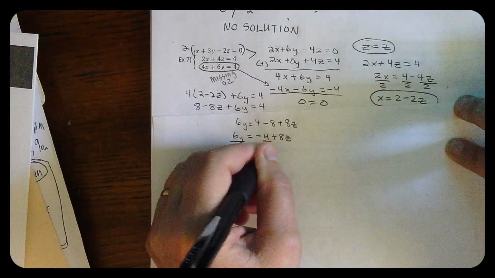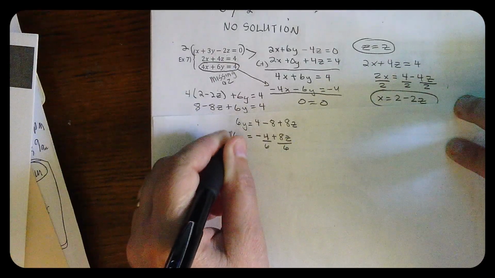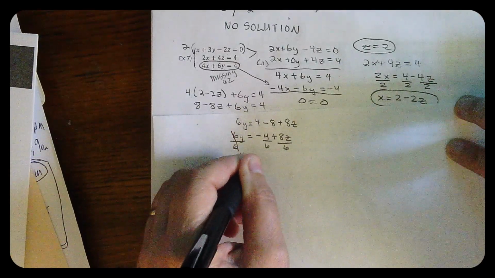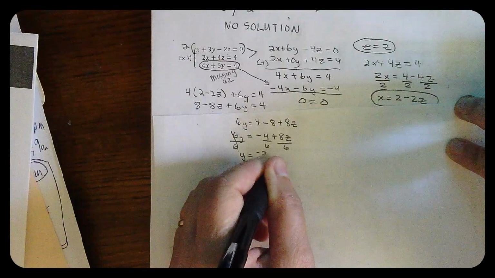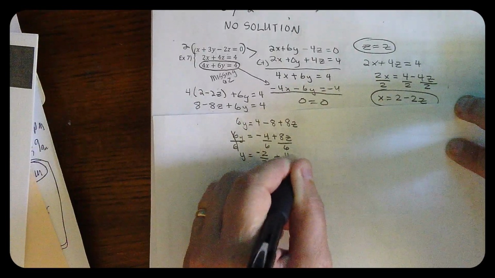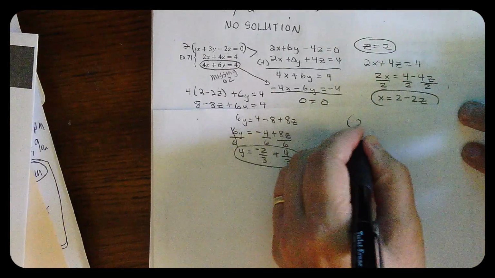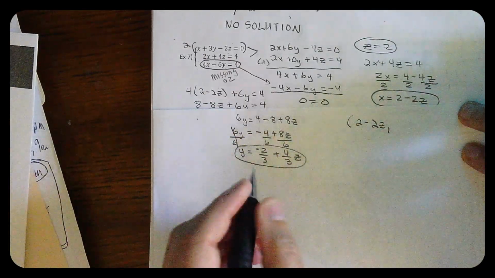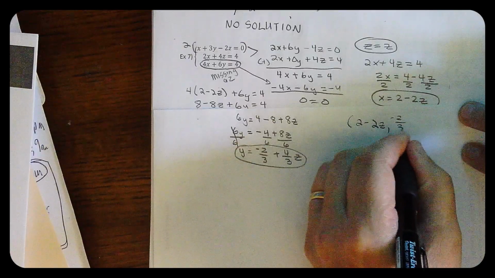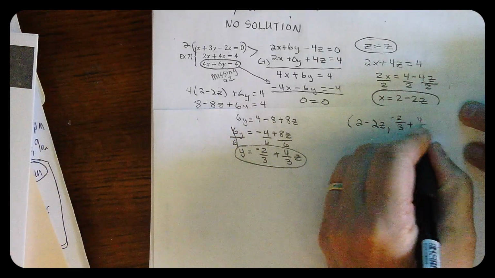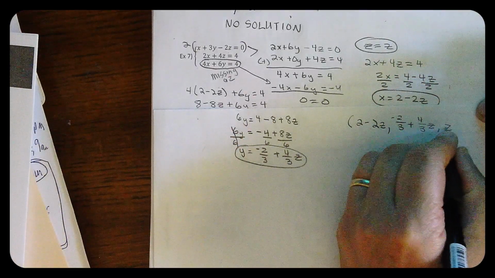Divide each term by 6, and you get y equals -2/3 plus 4/3 z. So our ordered triple is 2 minus 2z, and then negative 2/3 plus 4/3 z, comma z.